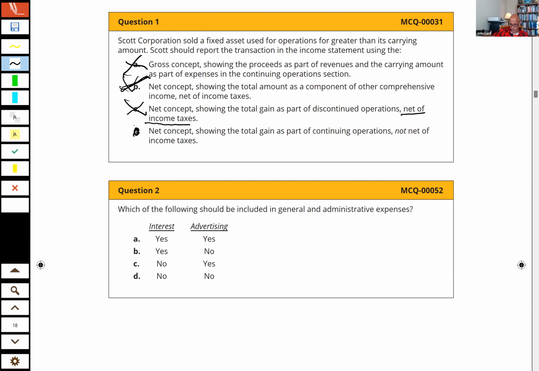And then they had that old discontinued operation thing that was in the way. But gains and losses are part of continuing operations. They're just non-operating. And it is shown not net of tax, because the tax is its own separate section, right? Question?